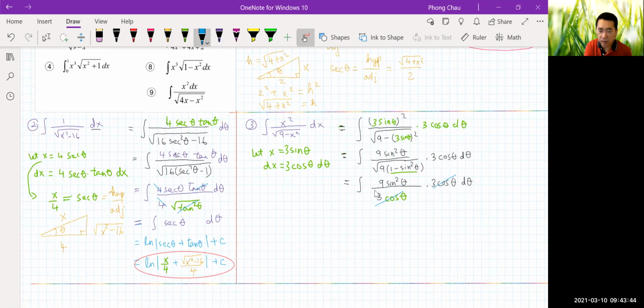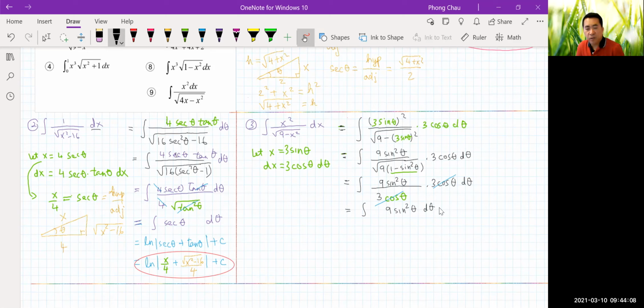So we end up with 9 sine squared. That is the function that is left over. Now the integral is just 9 sine squared theta d theta, and we cancel out the denominator.